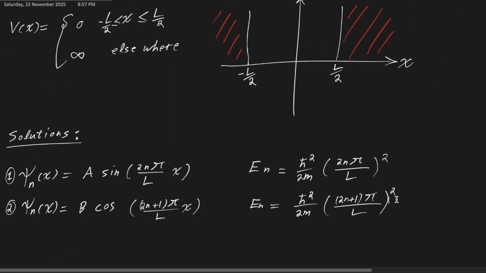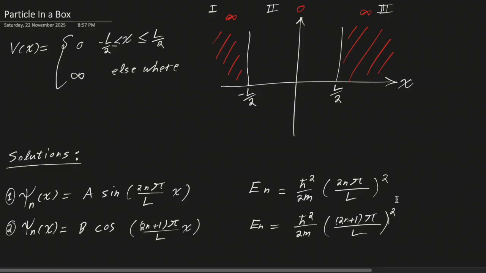Now, I've rewritten these two solutions side by side so we can compare to what we had originally. In the case where the potential was between 0 and L, you had psi n of x equal to some multiplicative constant multiplied by a sine function of n pi over L x.